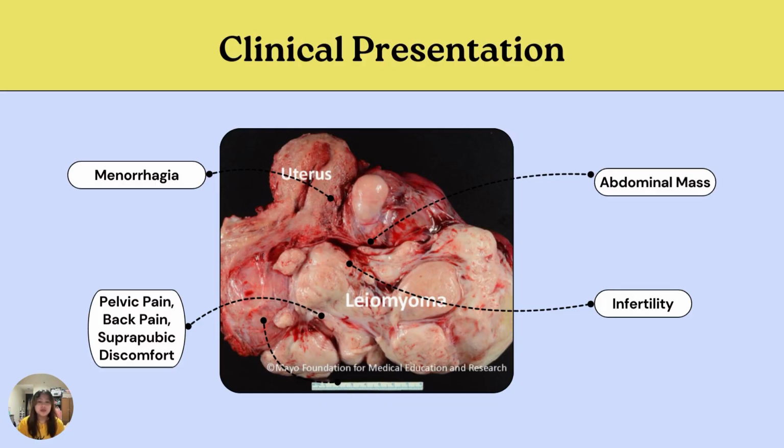Actually, I wasn't able to put this here, but they may have abnormal uterine bleeding. It's here pala. Especially menorrhagia or heavy menstrual bleeding. And then abdominal mass, which may be felt in larger fibroids. And then infertility, as said earlier, since the tumors may interfere with implantation or distort the uterine cavity. And this image was taken from the internet.